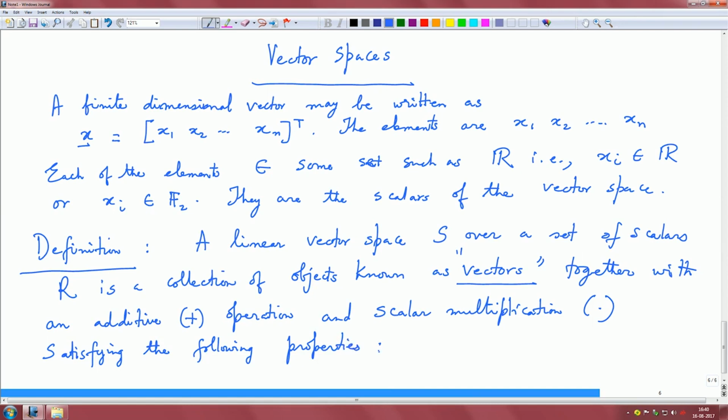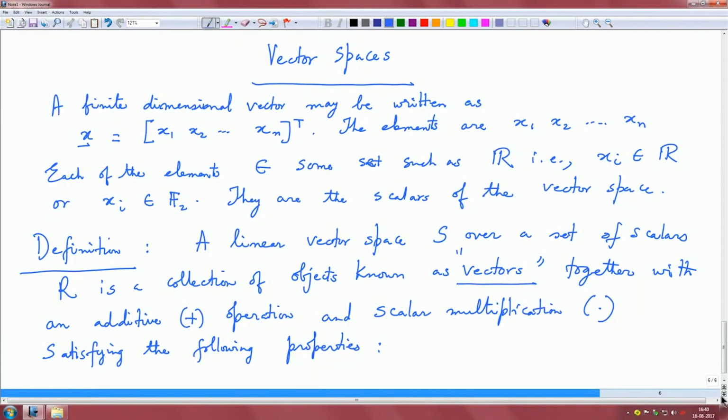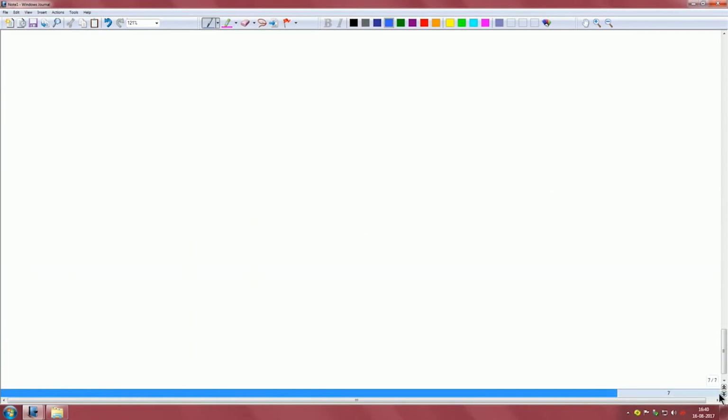So, this is a linear vector space S over a set of scalars R, a collection of objects known as vectors together with an additive operation and a scalar multiplicative operation satisfying the following properties. So, let us see what the properties are.